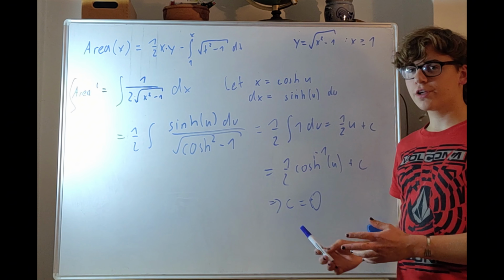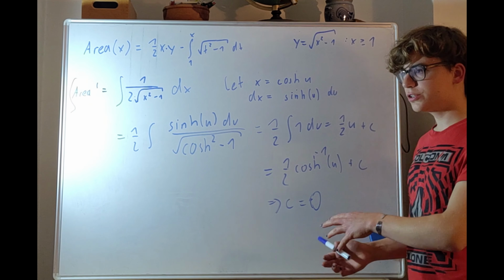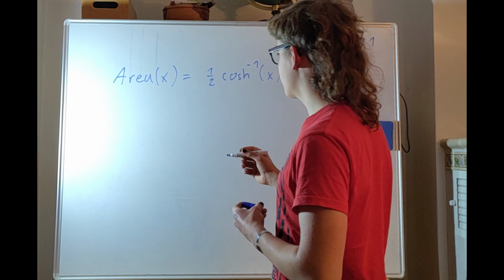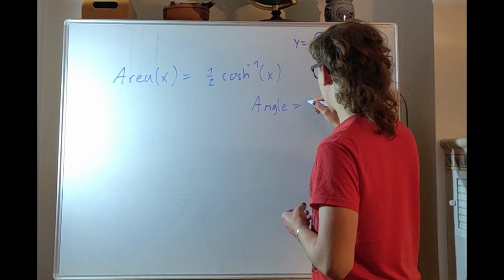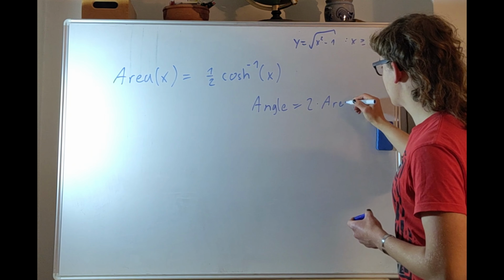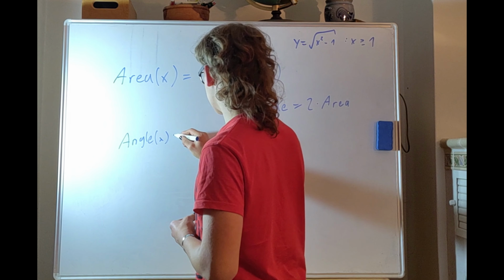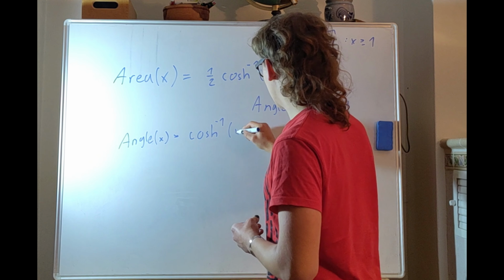So this is our area, but what we actually need is the inverse of the area to plug into the function of the hyperbola, of course. So first of all, we need to remember that angle was equal to 2 times area. So this means that the angle of x will be equal to just the inverse of the cosh function of x.